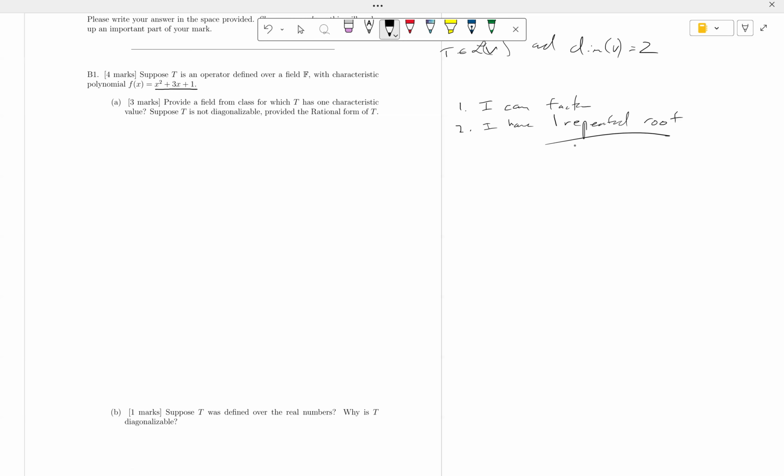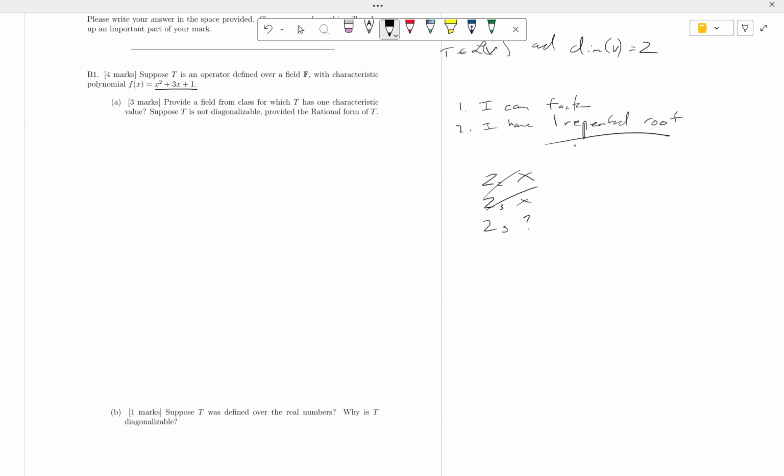So looking at this, I'm going, okay, how can I do this? When looking at it, I see a 3 in here. Because I see a 3, I know it's not Z mod 2. I know it's not Z mod 3. Z mod 5, maybe. So I can immediately go to Z mod 5.